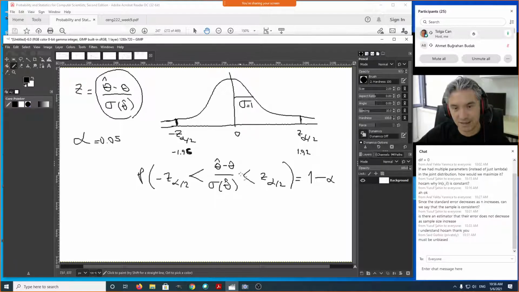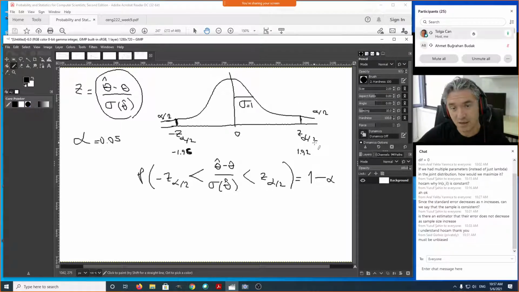So how I got this: the area alpha is going to be a number between 0 and 1. The area to the left of this point is alpha over 2, and the area to the right of this is also alpha over 2. So this is z alpha over 2.